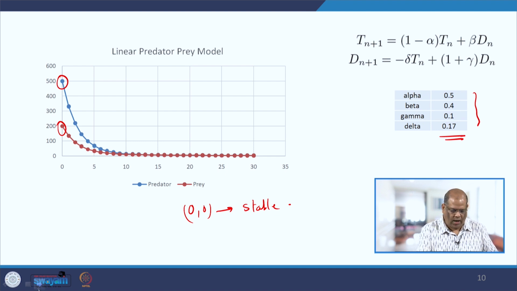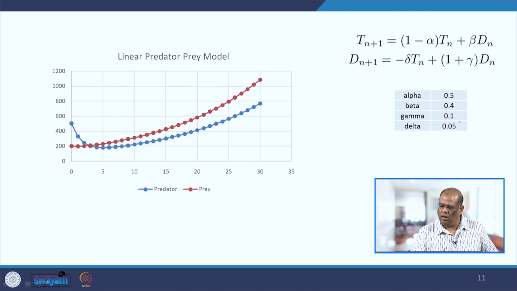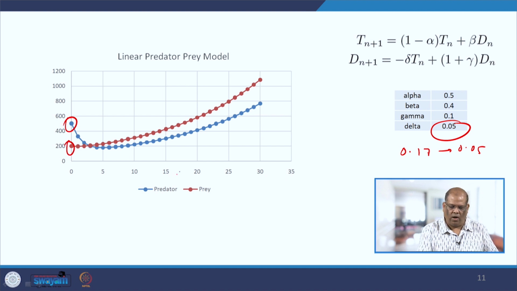In the second case, your delta value changes from 0.17 to 0.05, and analytically we have seen that the system is not stable, rather unstable. So again you have started from 500 and 200 and you see that your graph increases unbounded.